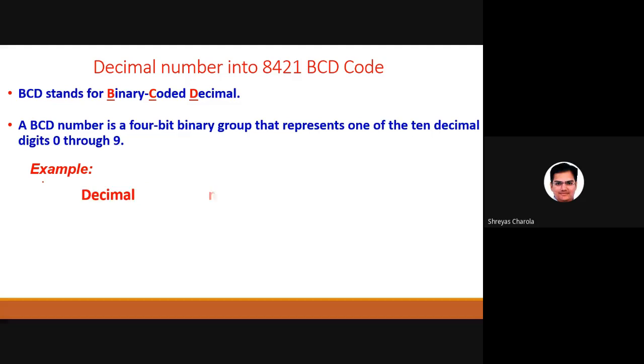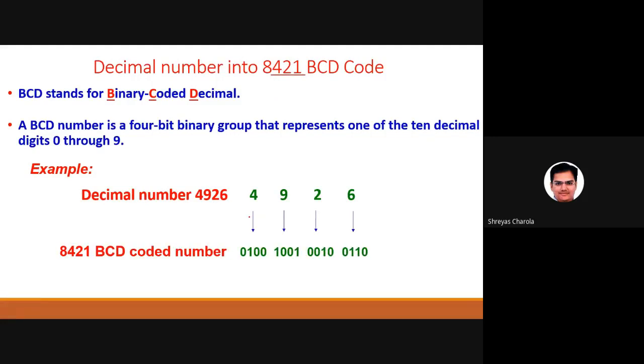And this one, let us start from here. For example, I have this number 4, 9, 2 and 6. If I want to convert it into BCD 8421, it should be like this. The 4 is represented with 0, 1, 0, 0; 9 is 1, 0, 0, 1; 2 is 0, 0, 1, 0, because whenever you write a BCD, each digit is represented as a 4-bit binary value.